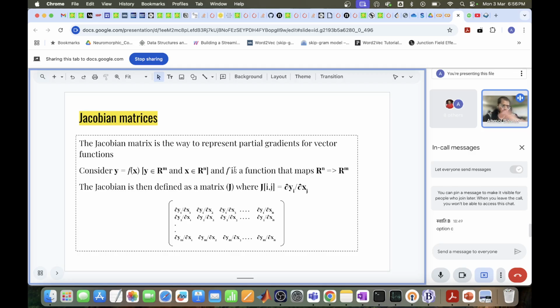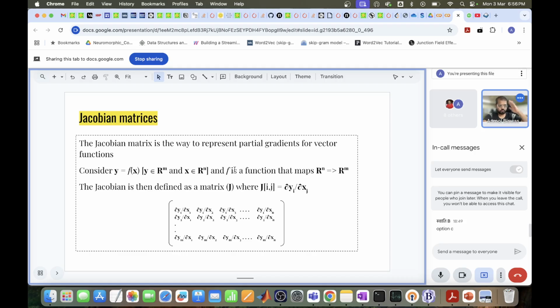Because it has to go in the opposite direction. So the Jacobian is obviously important because this is how you compute the gradient that has to flow through your network during the backward pass, right?